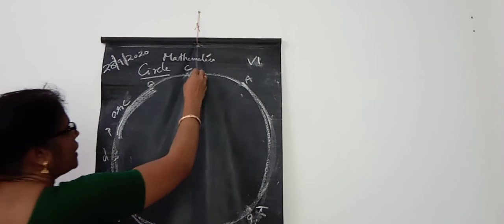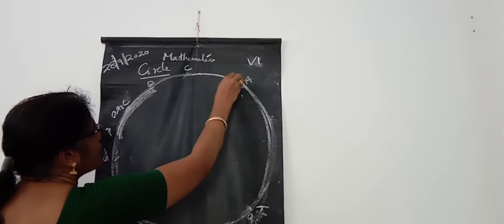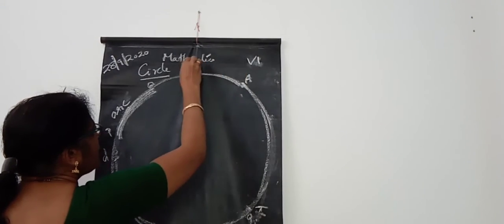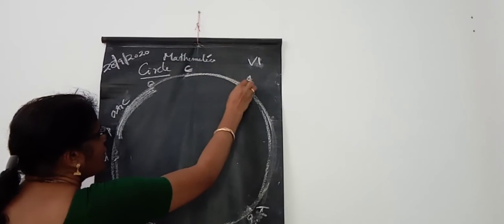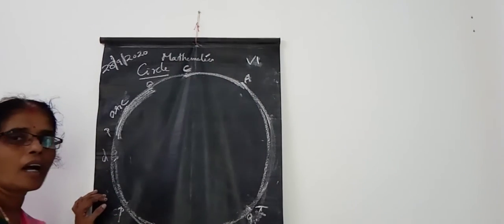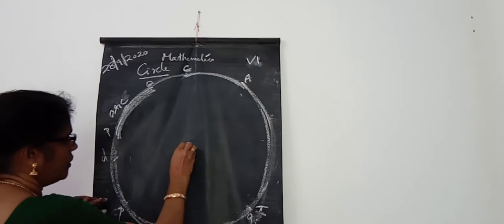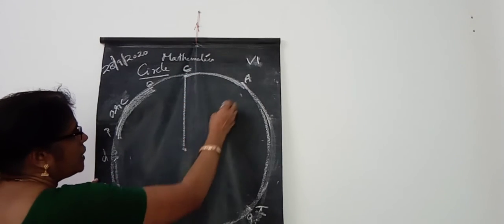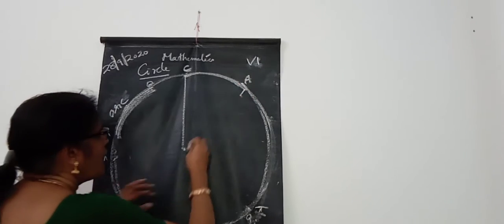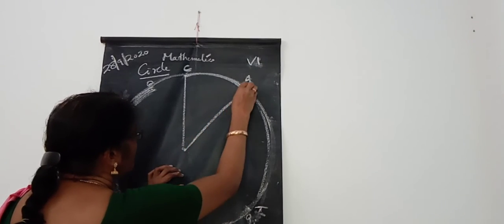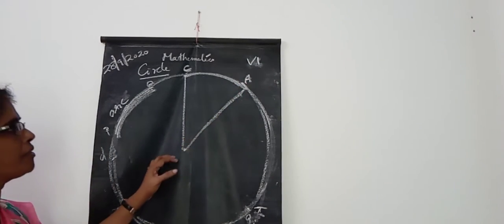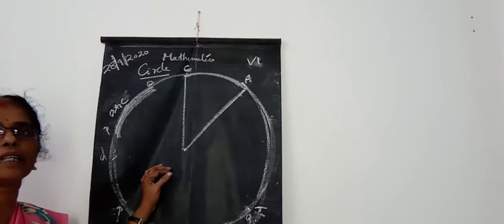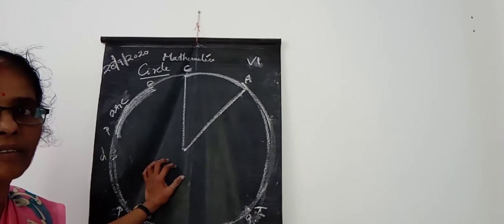And look here, this one also, AC. This one is A, and here C. This AC is also an arc, and one side is an arc and the other side is the interior of the circle, and the other side is a pair of radii. More than one radius means radii, isn't it?